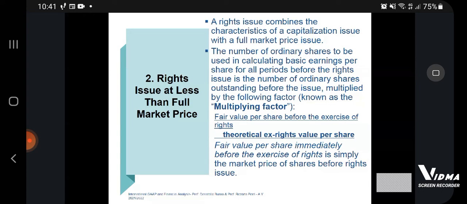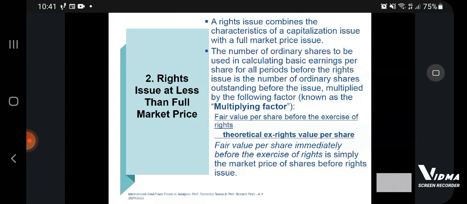Now, this is something that we have to explain in more detail. Again, in the multiplying factor, in the numerator above the ratio, we will put the price of the share before we issue the rights. And in the denominator, below the line, we will use this theoretical value.